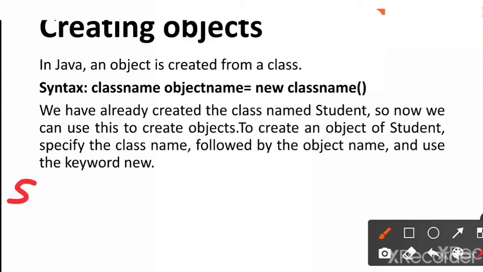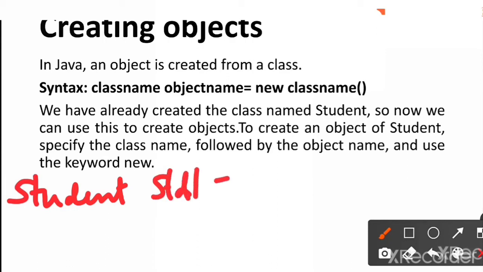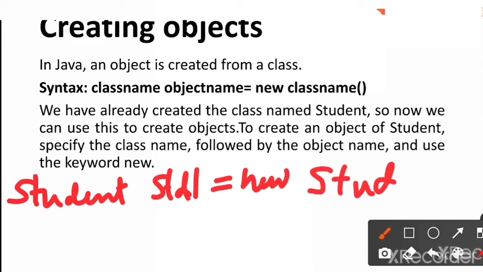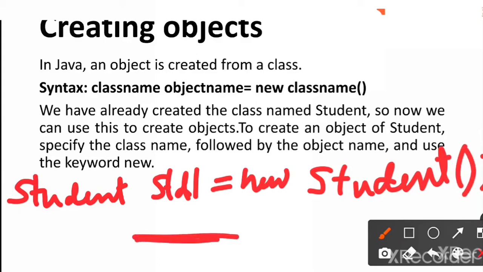First, you will write the name of the class, that is student, followed by the object name. Here I am writing std1. Then the new operator followed by the constructor, that is student. Then semicolon. This is how you create an object of a class.